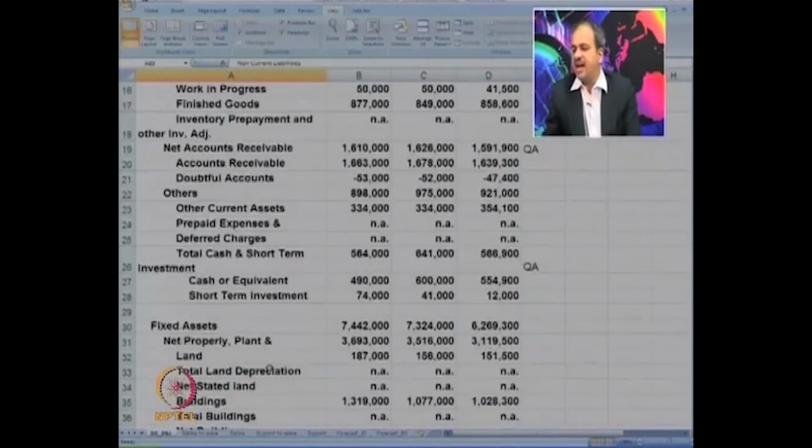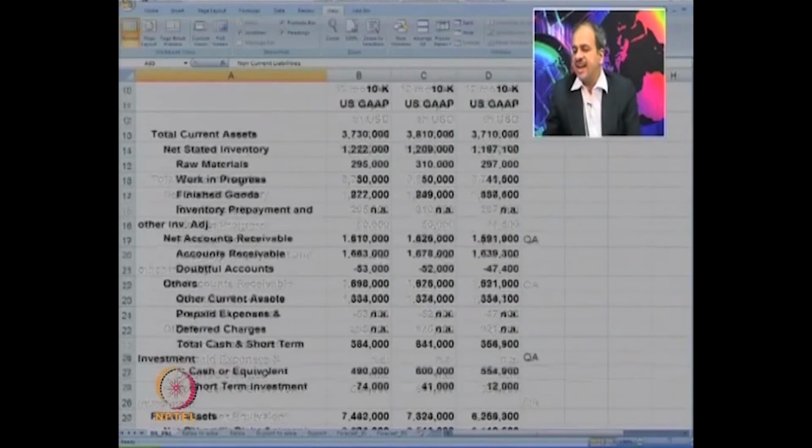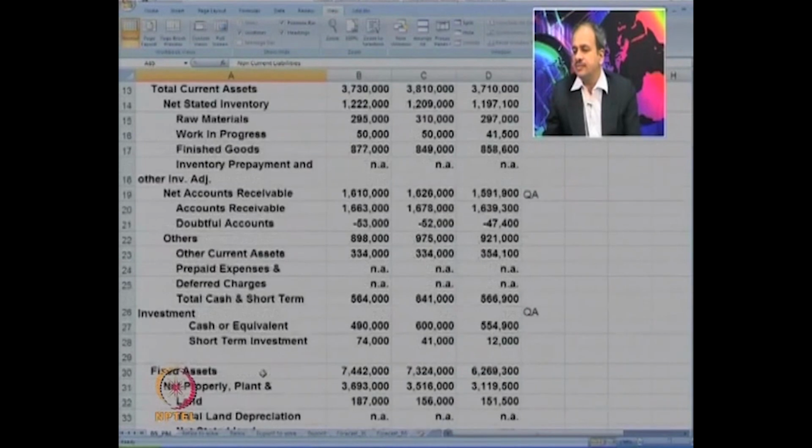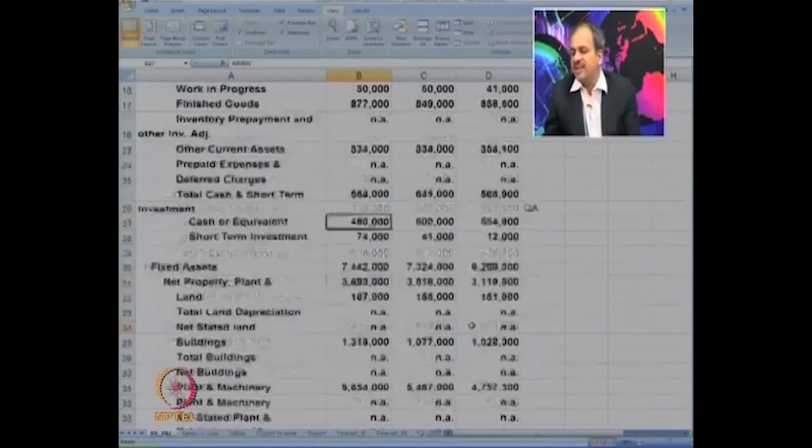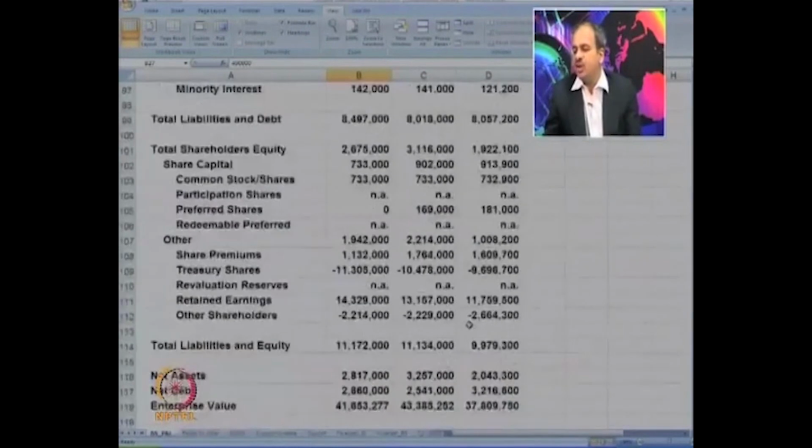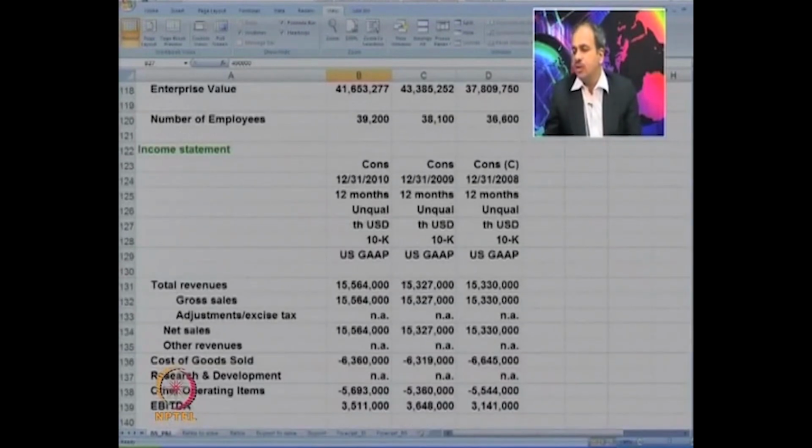You can see the data. You can see that the cash and cash equivalents of the company, which were 554, increased to 600, and now have been somewhat reduced to 490, while the sales turnover of the company is good.